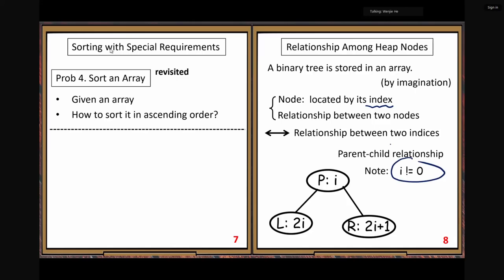That means the first location, we cannot use it. We cannot use the first array element to store any node. Leave it out. So starting from node with index 1, 2, 3, 4, 5.